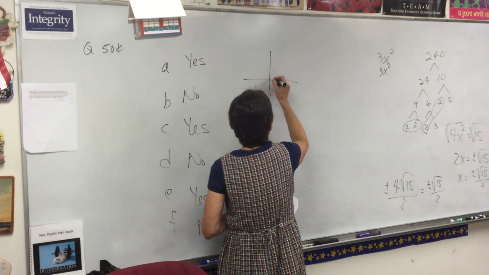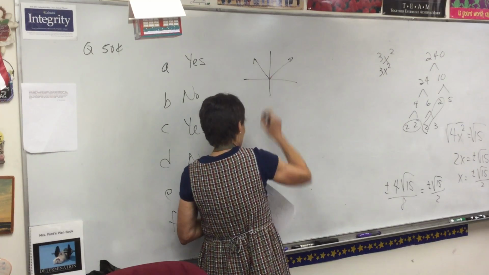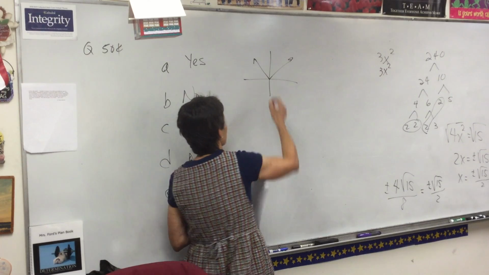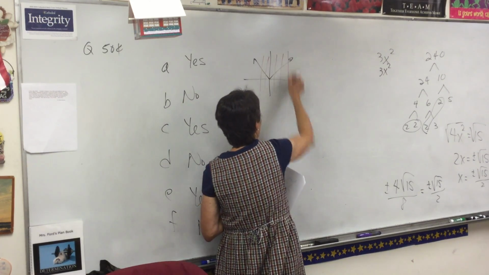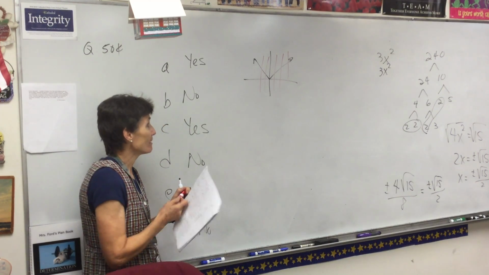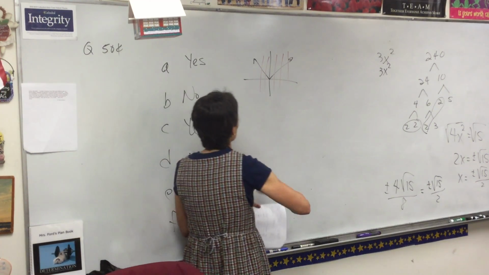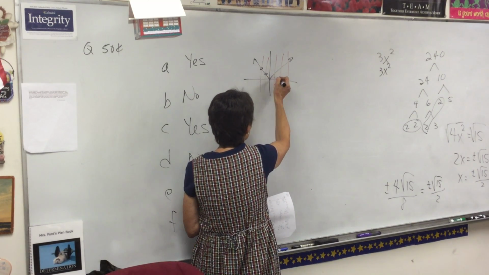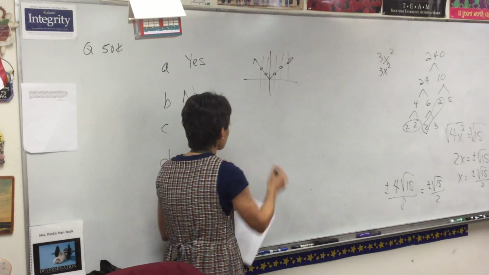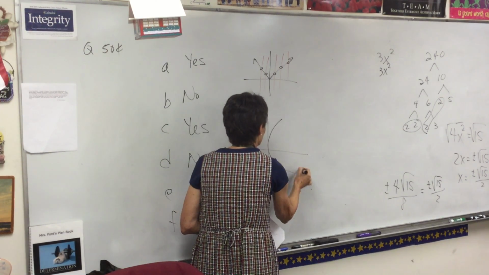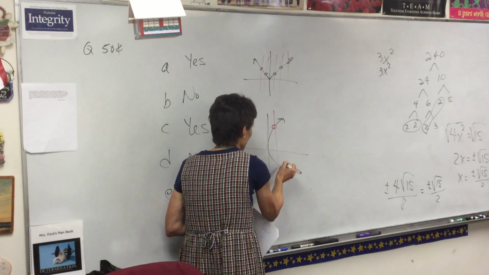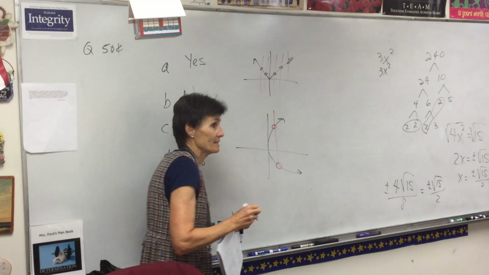So if we look at picture A, and we pass down, either physically or mentally, a bunch of vertical lines, notice that all those vertical lines hit the curve in only one place, right? As opposed to the second picture, if we passed a vertical line down through here, it would hit in 2 places.